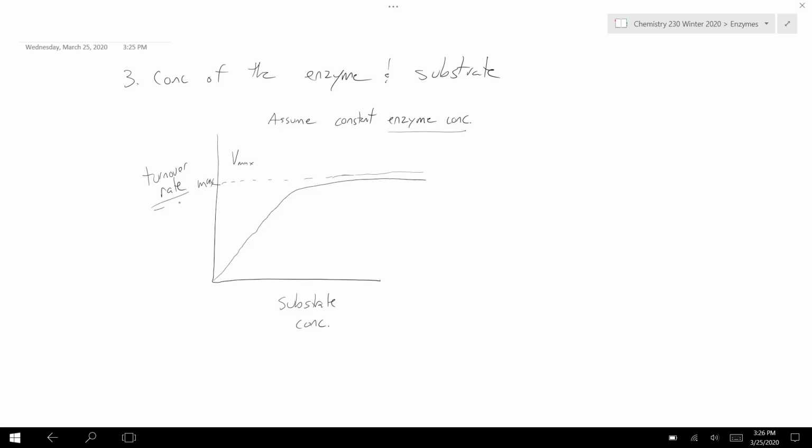It's the turnover rate, really, the maximum amount of enzyme that can function. Because up here, when you start to level off, you have a saturated active site. So you can't get any more substrate in there. That would be the shape of the curve. The enzyme gets saturated and then it no longer can go any faster.